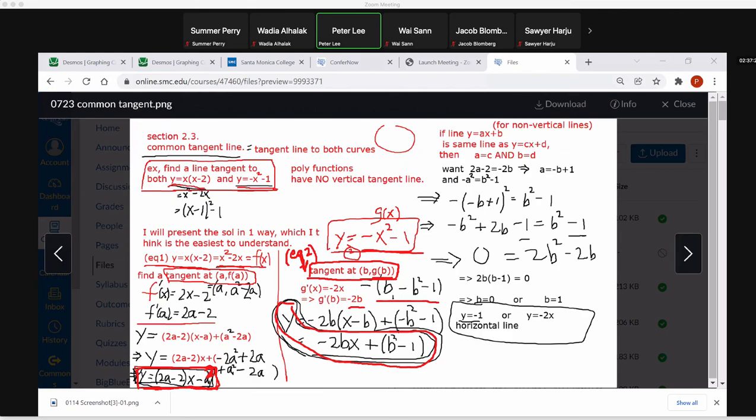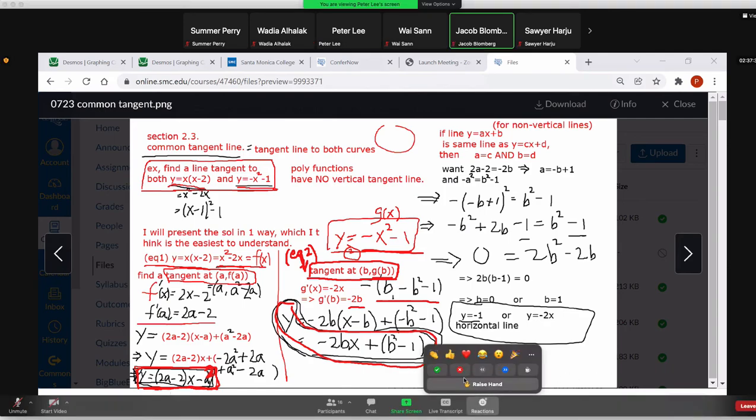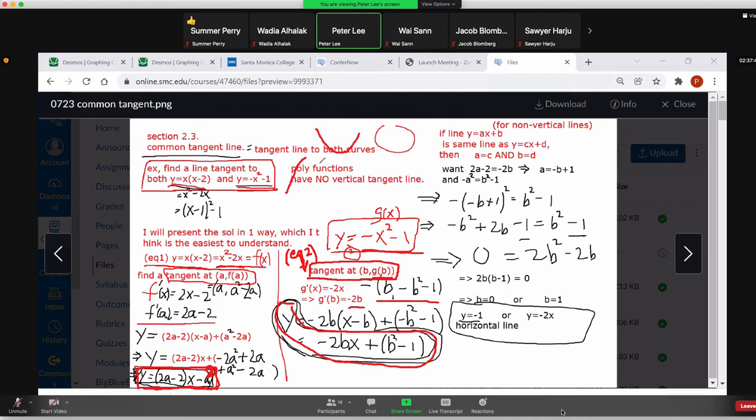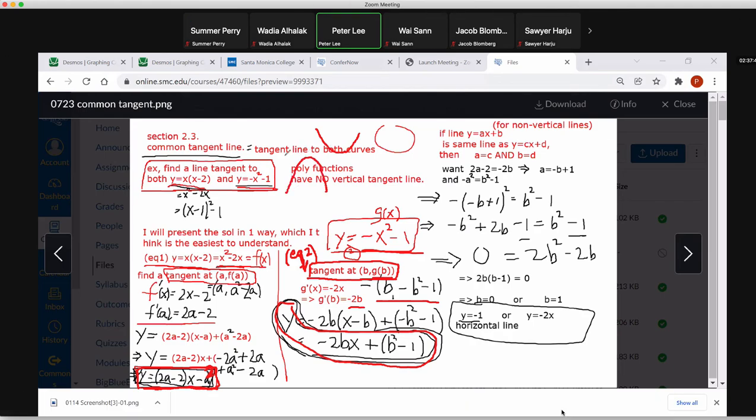Does everybody follow what I've done so far? Basically, we have a curve here, and we have a curve here, and we're trying to find the common tangent line, this line right here.